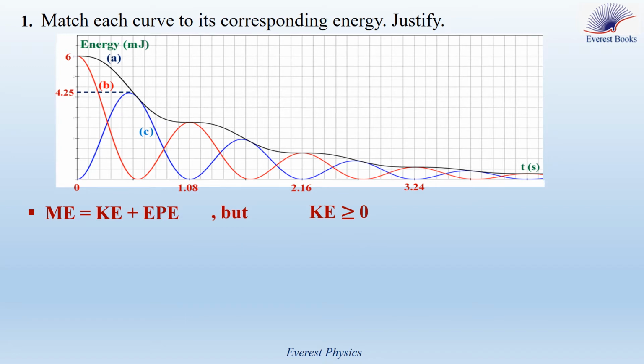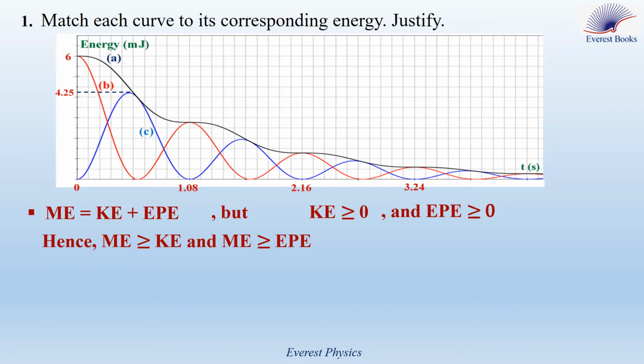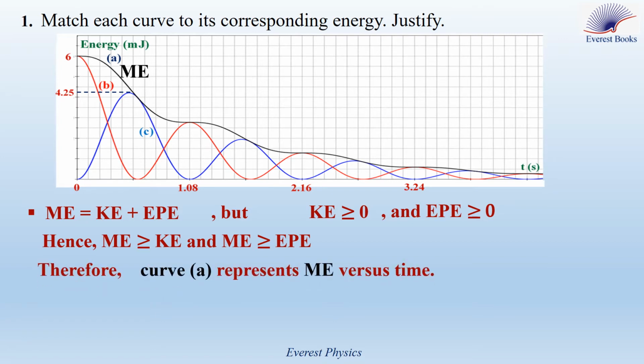Also, EPE is equal to 1/2 kx squared, so EPE is a positive quantity. Therefore, ME is the sum of two positive quantities. So, ME is greater than or equal to KE, and also ME is greater than or equal to EPE. Therefore, curve A represents ME versus time.